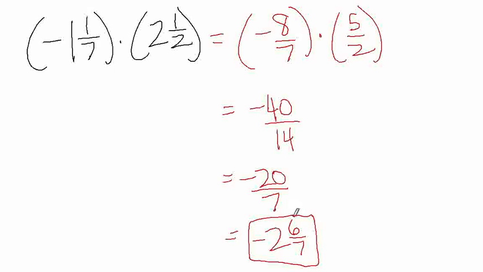Notice that the negative on the first mixed fraction wasn't a problem. Sure, the improper fraction also had the negative, but we just put that aside, and the only effect that has is that when you get your answer, you make sure that it's negative because we have one negative in the product. All right?